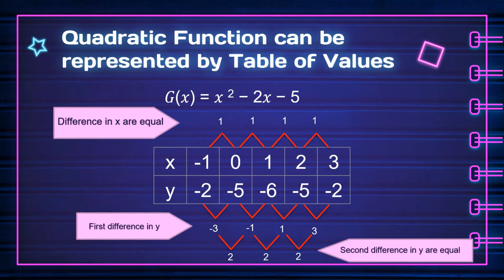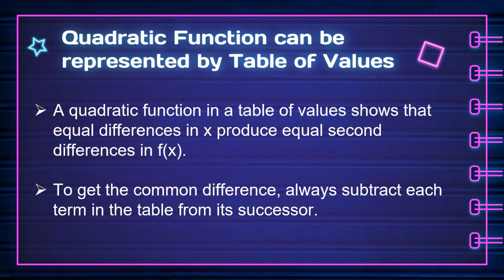The second differences in y are equal. This means that a quadratic function in a table of values shows that equal differences in x produce equal second differences in y or f of x.